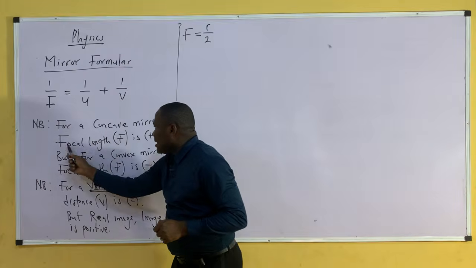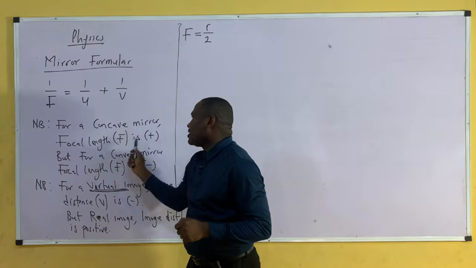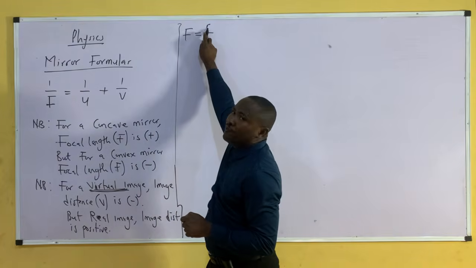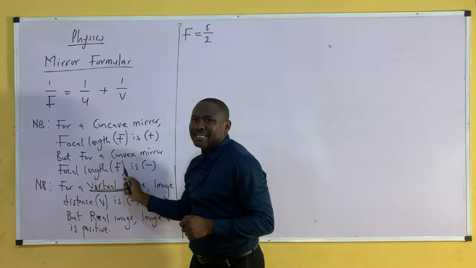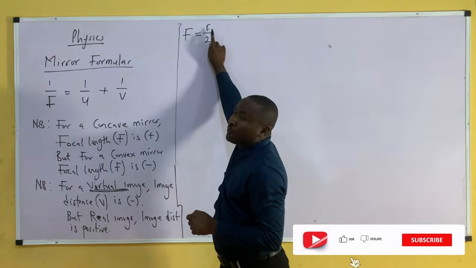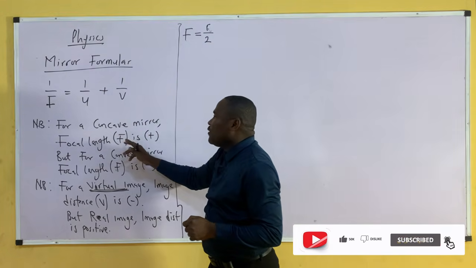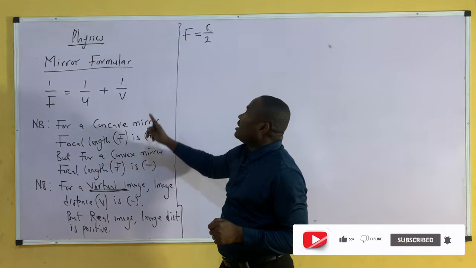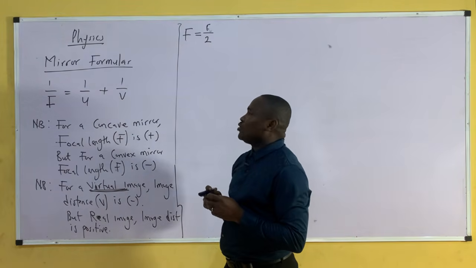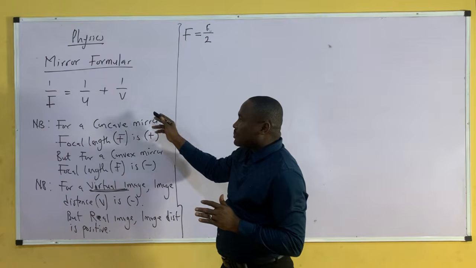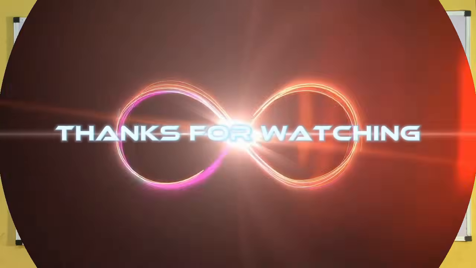So if for a concave mirror, focal length is positive, radius of curvature also is positive. For a convex mirror where focal length is negative, the radius of curvature is also negative. So whatsoever plays out for our focal length is applicable to our radius of curvature. So next, we'll be looking at questions where we'll be applying these rules in calculations.